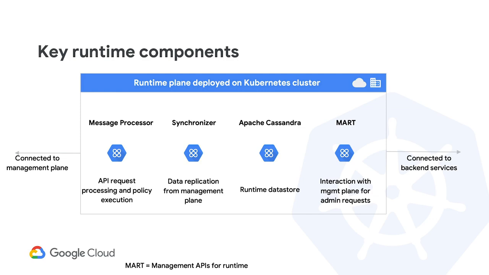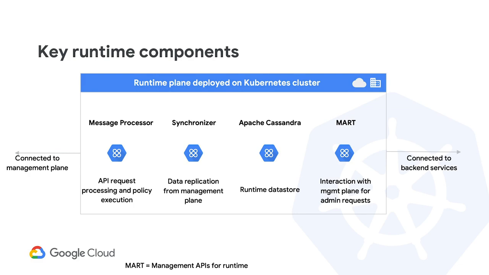Assuming that Apigee takes care of the management plane, that's where you define the policies, that's where you create the API products and so on, what is it that gets shipped to customers? There are four logical components that are shipped. The first is the message processor. This is the API gateway. For those of you who've used OPDK, you would see the message processor because that would be one of the components that you install.